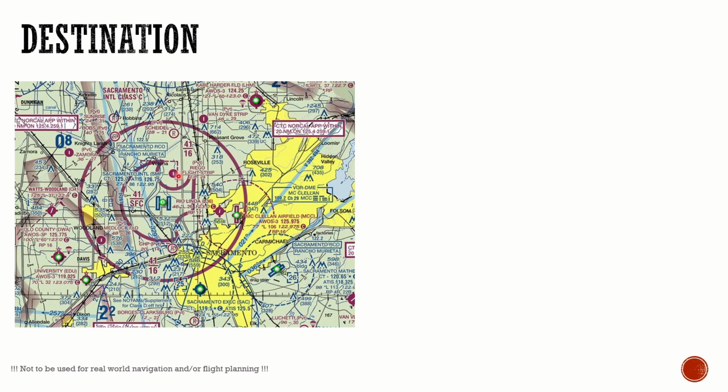It's kind of funny that for some private strip they would eat part of the Class Charlie airspace, but that's it. We will be coming from the east, so we need to go here, and we should contact NORCAL approach within 20 nautical miles if we are to land there.